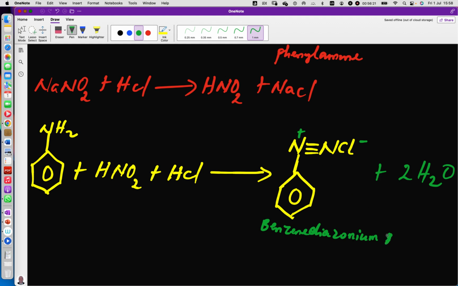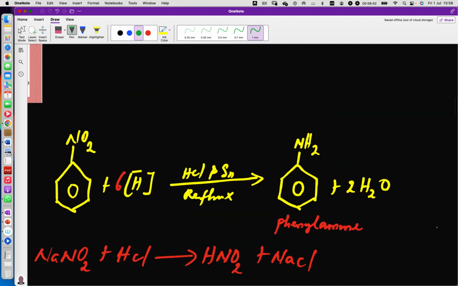Benzene diazonium chloride. You just check there. Call it benzene diazonium chloride, or you can call it benzene diazonium salt. This salt is very, very unstable.